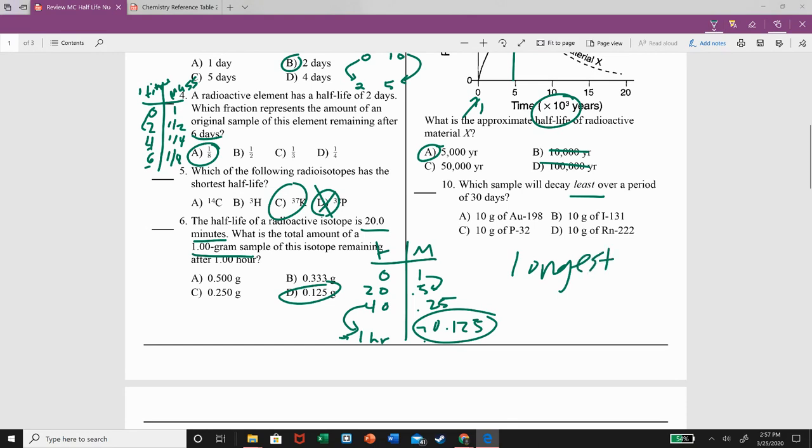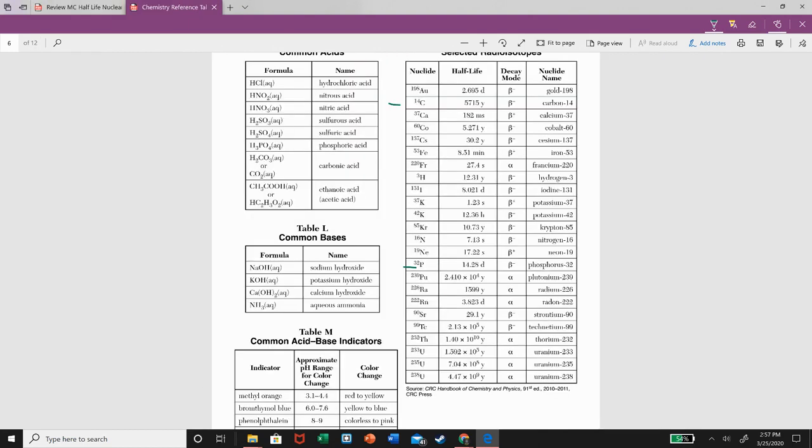And how do I know which one has the longest half-life? Are you asking yourself, how am I supposed to know that? Well, then you go to your reference tables, and I'm looking at gold, iodine, phosphorus, and radon. Radon is 3.823 days, 14.28, 8.021.